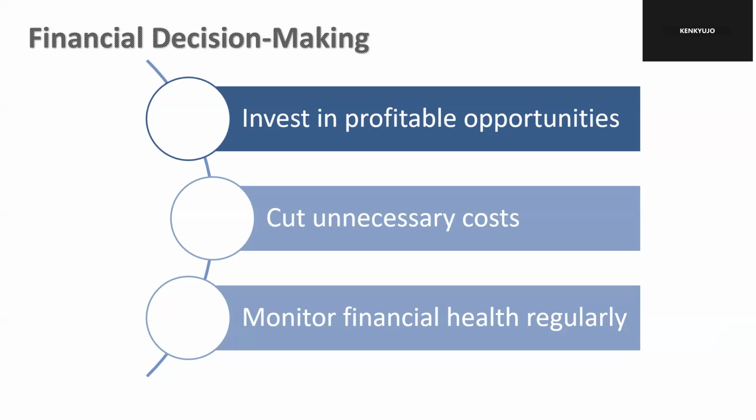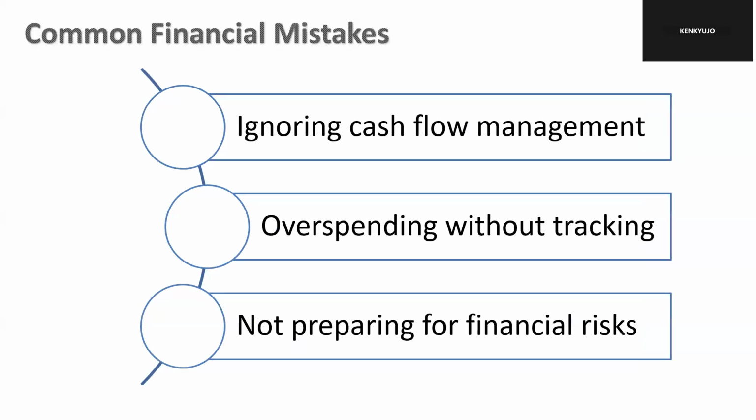Monitor financial health regularly. Financial health means at each and every time assets should be high when compared with the liabilities. Then the financial health is very good. That status can be maintained if the organization knows financial data at each and every moment.